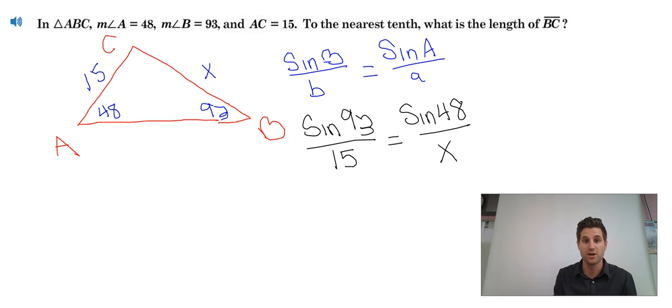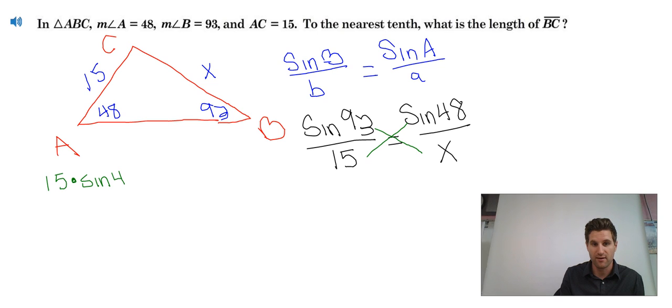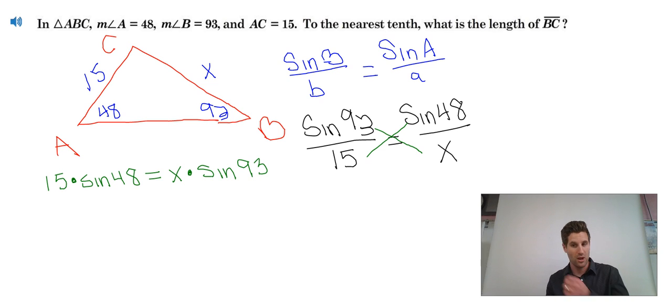So we use our cross products. We get 15 times sine 48 equal to x times sine 93. That's not too bad. We want x alone.